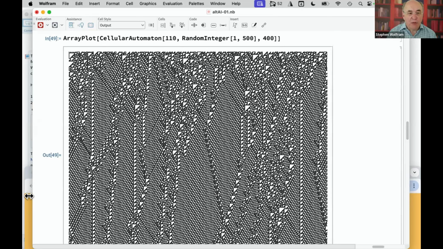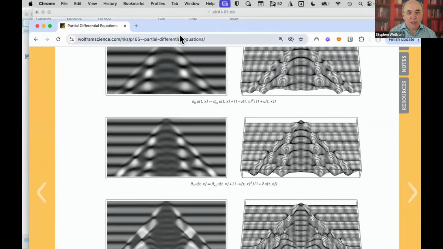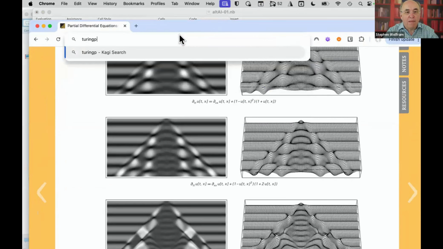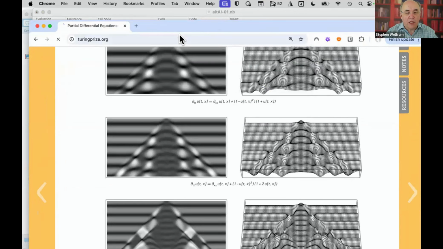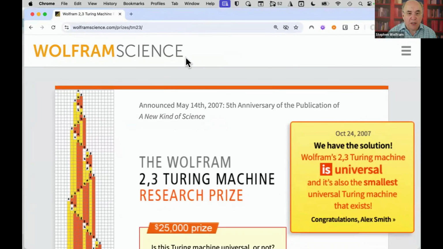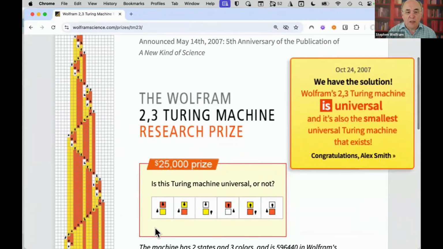Well, so that puts one on sort of a hunt for, is it really true that the simplest instances of things that aren't obviously trivial turn out to be computation universal? So another case I looked at years ago is Turing machines. And so this is the simplest Turing machine, the simplest rule for a Turing machine that is not obviously simple in its behavior.